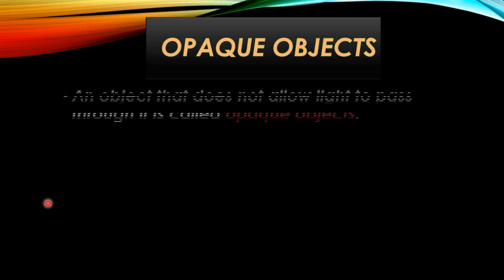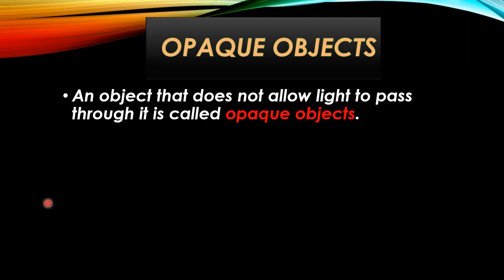Our next topic is opaque objects. An object that does not allow light to pass through it is called opaque object. Means any object that will not allow light to pass through it. Let's take an example.